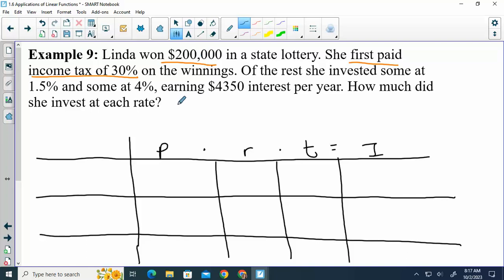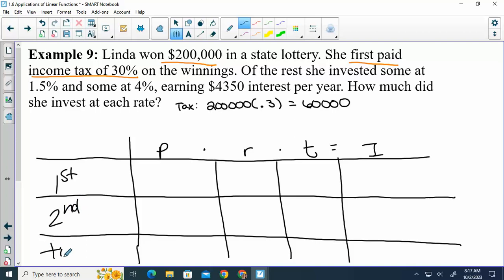So if we want to find the amount of tax that she had to pay, we can take the principal, 200,000, times 30% or 0.3, and you get 60,000. So 60,000 was gone to begin with. All right, so my labels, we can call them whatever we want. I'm just going to do first, second, and total.